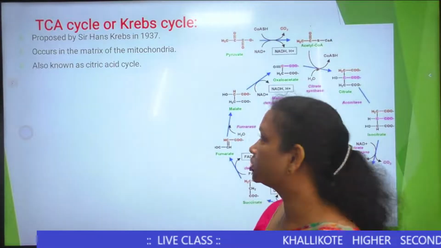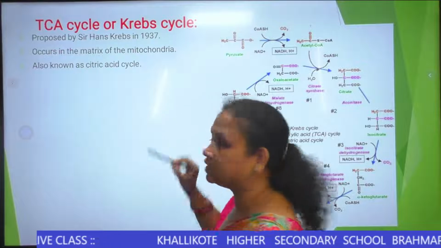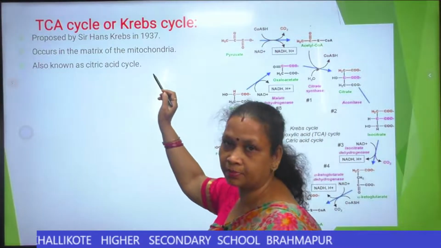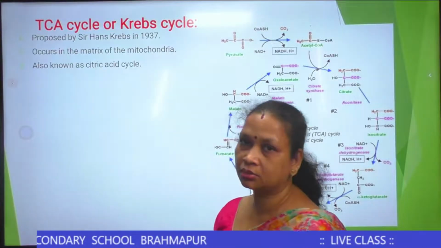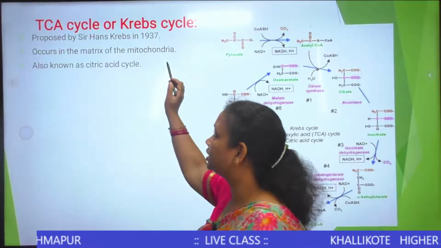This cycle was worked out by Hans Adolf Krebs from 1932. He completed the work in 1937 and he worked on pigeon liver cells, which are rich in mitochondria, to find out the steps of the TCA cycle.